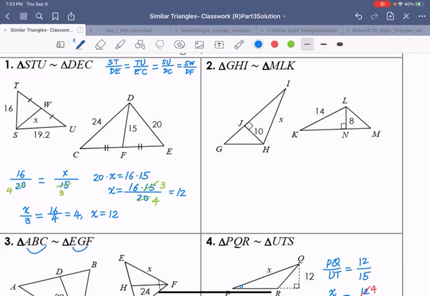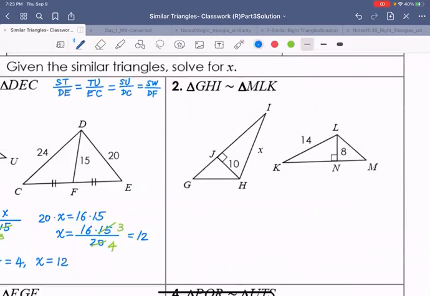Let's, based on this, first write down the equation. Okay, go ahead. GH over ML, and then HI over LK, and then GI over MK.